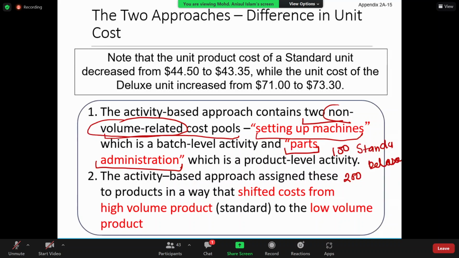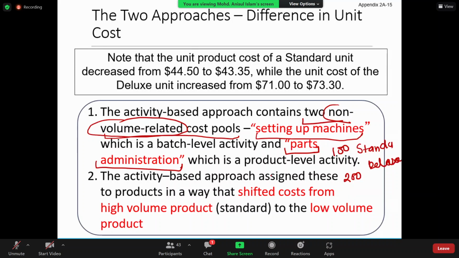So why have these changes occurred, or why has this shift in cost occurred? The reason is that when we are using the activity-based approach of absorption costing, we are assigning cost to our products in a way which is shifting cost from the high volume product to the low volume product.